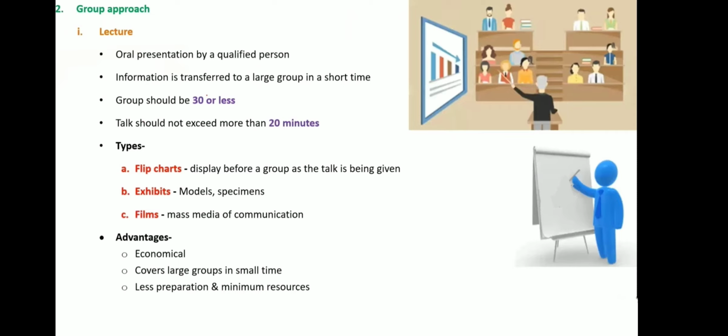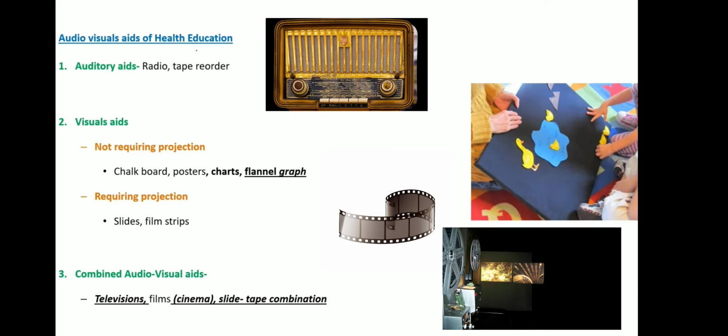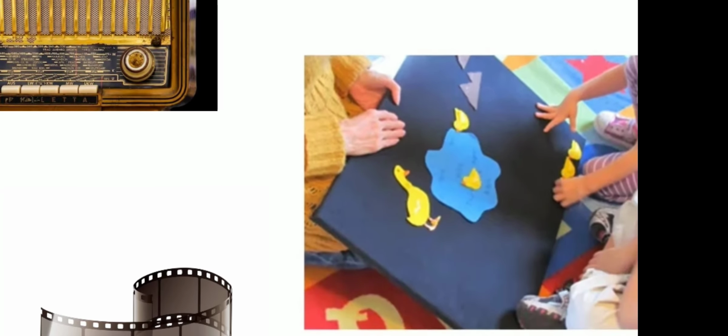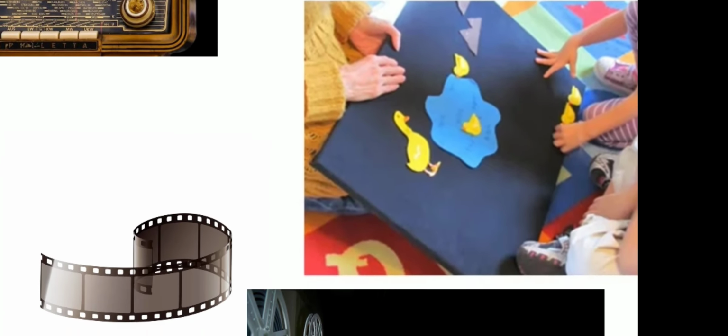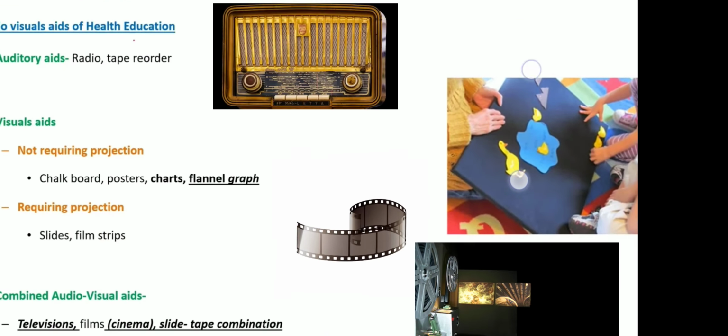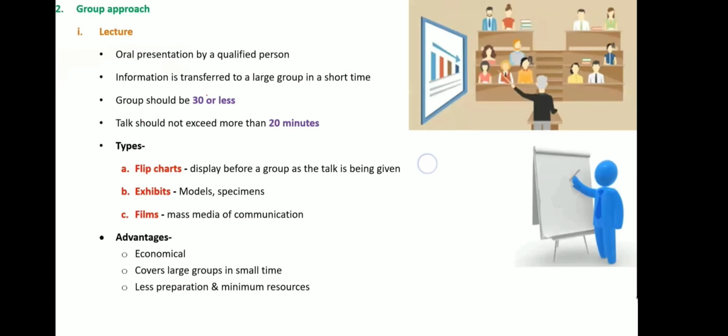One advantage of this flannel graph is that the pictures will be pre-arranged in sequence so that the communicator can display each of them and maintain the continuity during his presentation. Also, it is very cheap and easy to transport. So we have seen the picture here, right? The flannel graph, the background which can be made, and the cutouts are placed on it in sequence, and you can demonstrate it in continuity during your presentation.